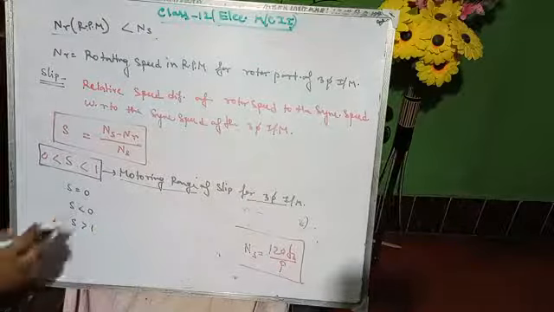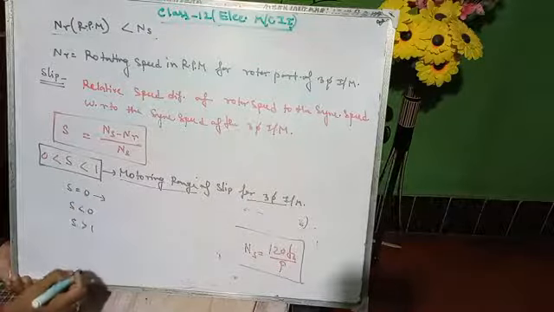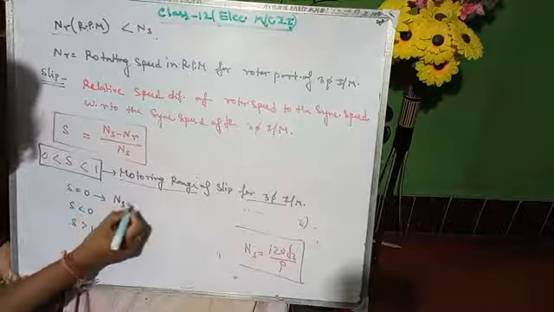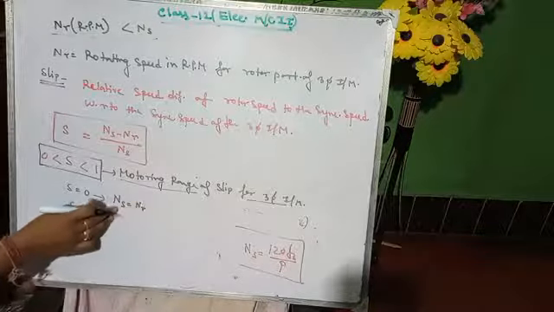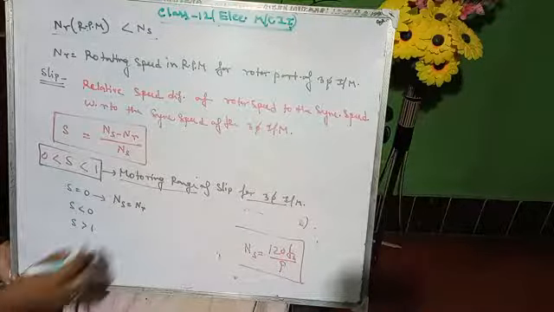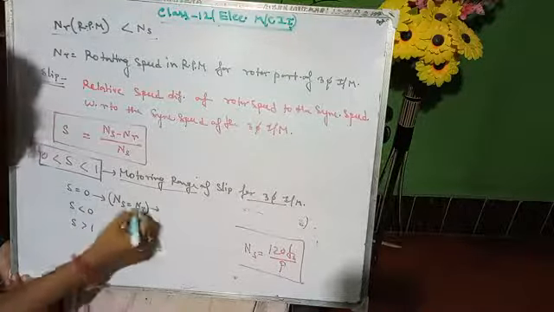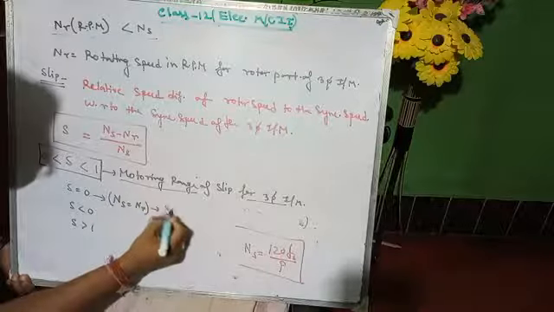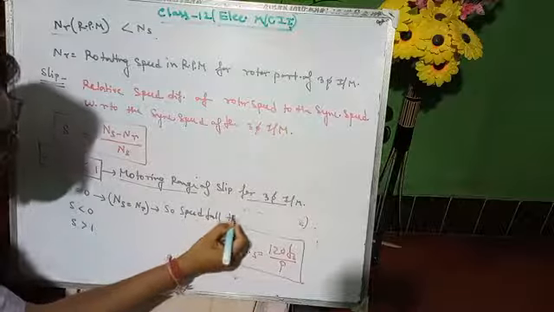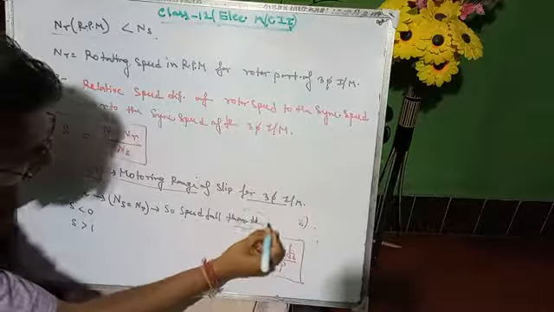And s equals 0 means there is no speed loss. That is slip equals 0. At this situation, Ns equals Nr. That is, whatever the synchronous speed is, it will equal the rotor speed. That represents no speed fall from the synchronous speed.